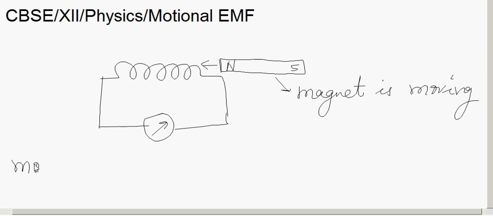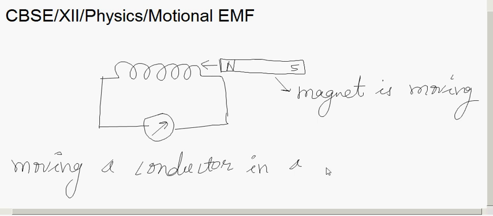The EMF can also be induced by moving a conductor in a uniform and time independent magnetic field. Uniform and time independent, that is, the magnetic field is not varying with respect to time.